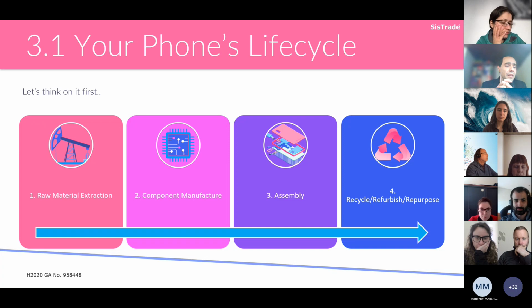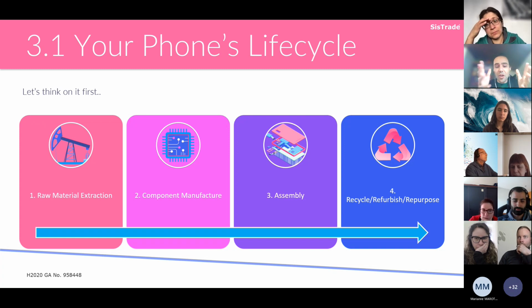It all begins with the raw material extraction, then the individual component manufacture, then the assembly, then the use, which is outside of the scope of our workshop here. And then at the end it can be recycled, refurbished, repurposed, whatever you can do with it to keep the value as much as possible.